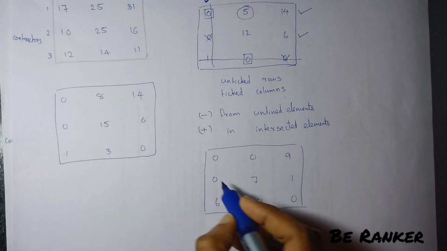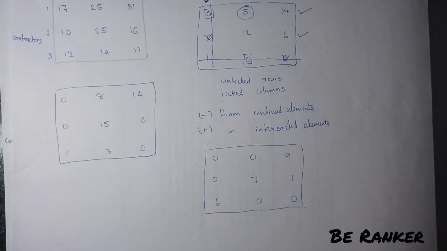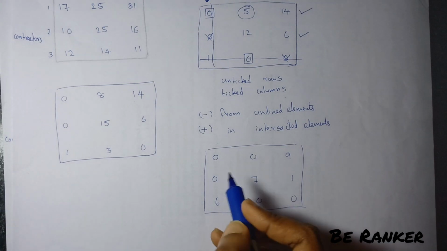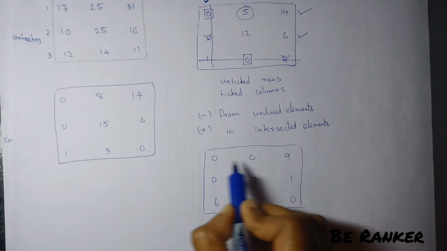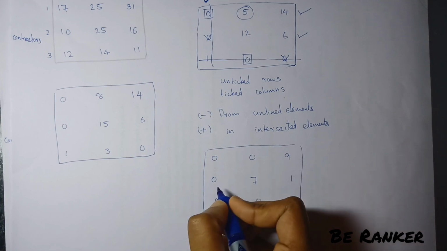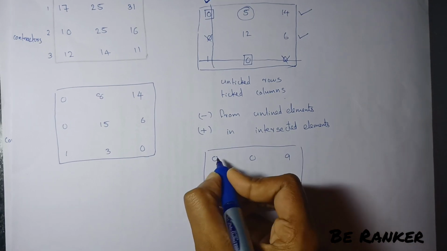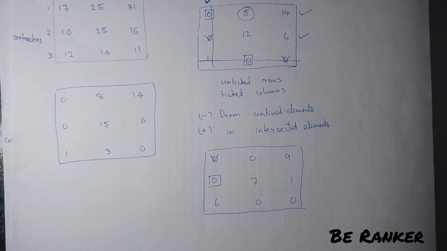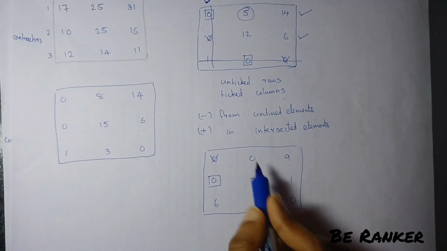Then the next step is to assign these zeros as we did previously. In the first row there are 2 zeros. In the second row there is 1 zero, so I assign the 0 and cancel the zeros in that column. In the third row also there are 2 zeros. In the first column there are no more zeros. In the second column there are 2 zeros.